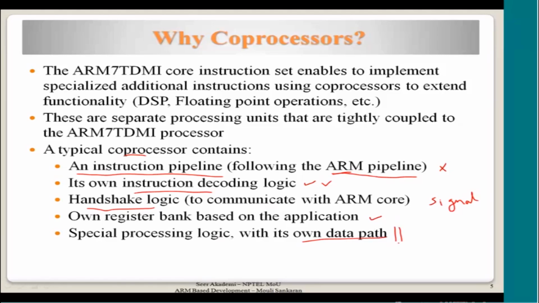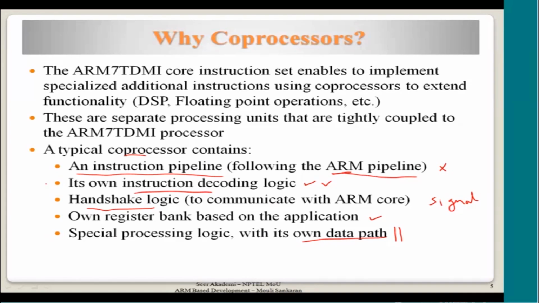Similar to that, there is a separate data path inside the coprocessor. So it can use the coprocessor instructions to work with its own registers and do the separate job, which is mostly scientific operations. This set of things gives you a flavor of how a coprocessor behaves.